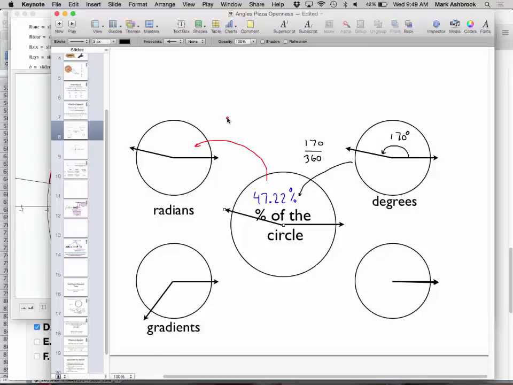So it's 0.4722 times 2 pi, which should be close to 3, since 3 radians is just shy of halfway around. How many radians is it? 2.967 radians, which makes sense because it's close to 3.